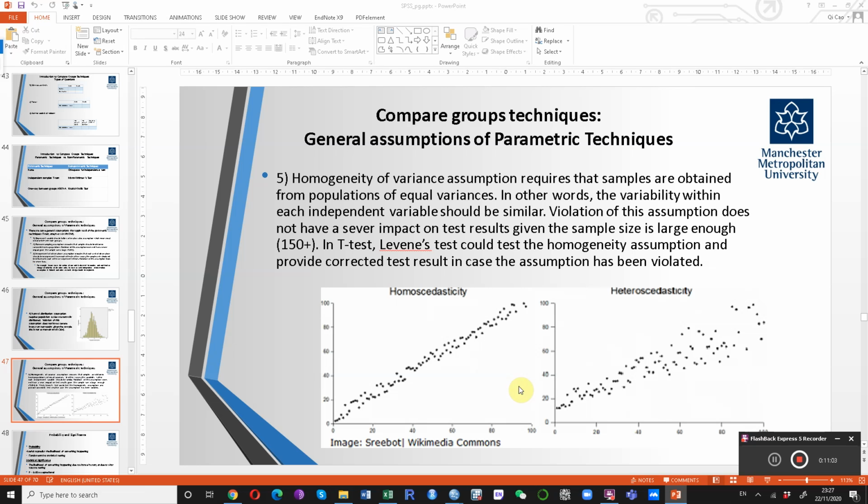There are multiple ways of assessing this, but for the purpose of this module, just bear in mind that as long as you have a large enough sample, that is 150 plus, you could choose to not pay too much attention to this assumption for now.